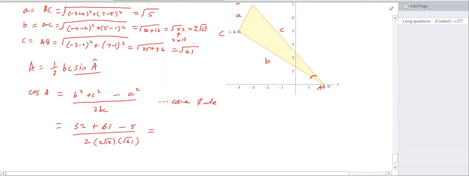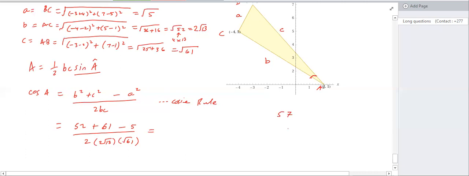If we add up these, 52 minus 5, so we have 47.